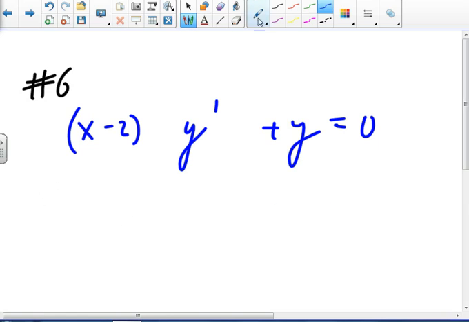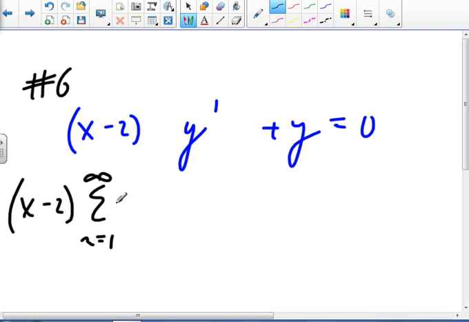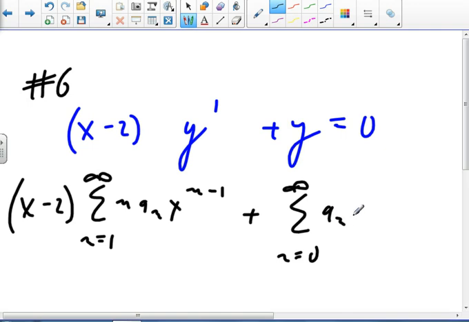Series expansion. X minus 2 summation n equal 1 to infinity n a n x to the n minus 1 plus summation n equals 0 to infinity a n x to the n is equal to 0.